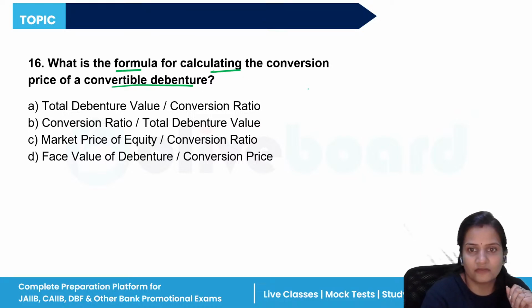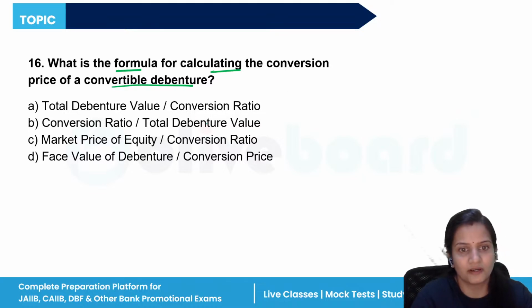Here it is talking about convertible debenture. Total debenture value by conversion ratio.